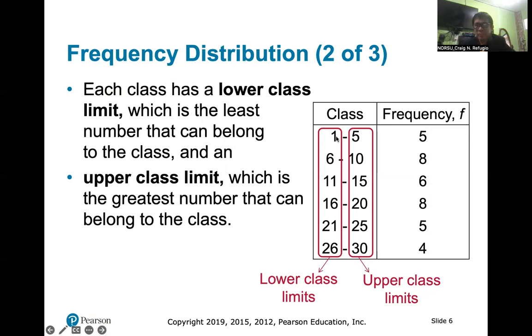So 1 is the lower class limit, 5 is the upper class limit. For 26 to 30, 26 is the lower class limit, 30 is the upper class limit. So all of these numbers in here are what we call the lower class limits, and all the numbers in this column are what we call the upper class limits.